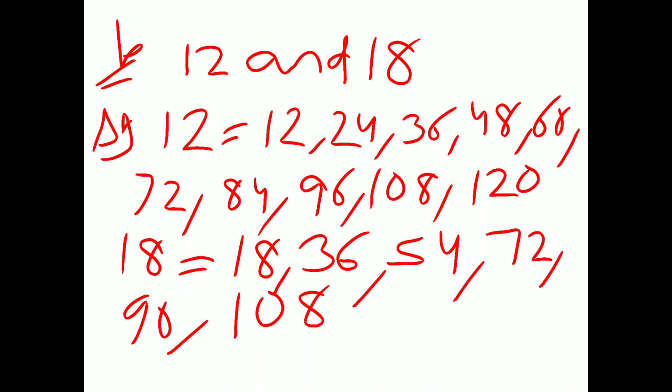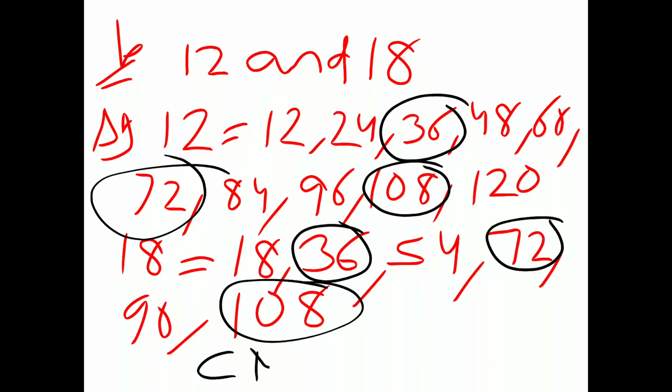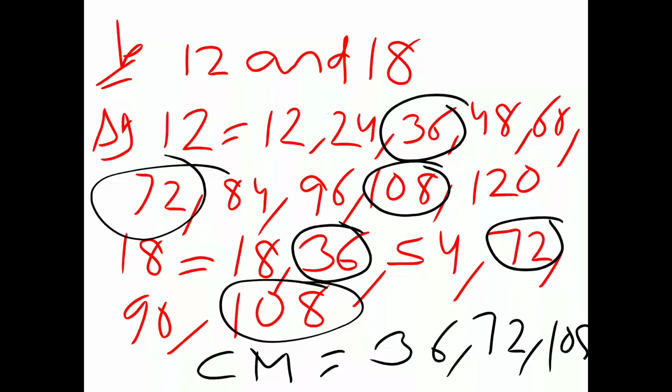Now we are getting 3 common multiples, so we will stop this table. The numbers which we are getting: 36, 72, 108. Clear? So common multiples are 36, 72 and 108.